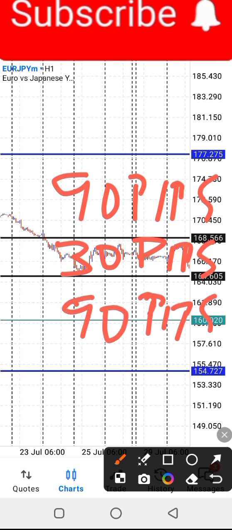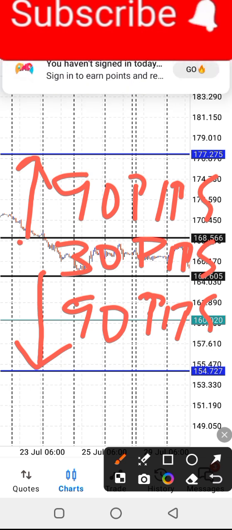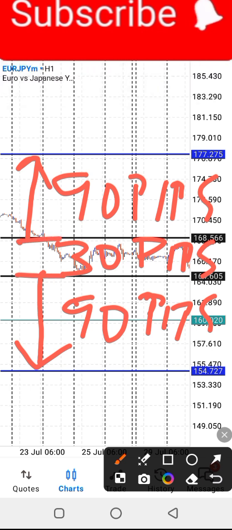So you are going to have 90 pips downwards from this line, 90 pips upwards from this upper line, while in between the two lines you're going to have 30 pips. Basically, that's just the very first thing you need to know.